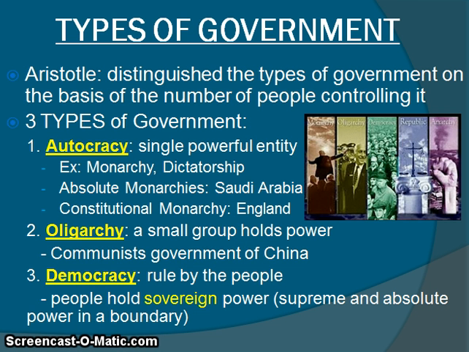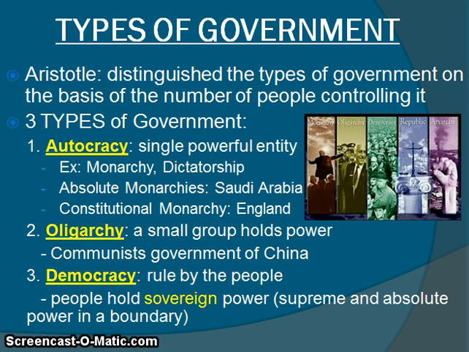These single political entities have supreme power or sovereignty over everyone else. A monarchy usually consists of some sort of royal, like a king or a queen, or in the case of Saudi Arabia, you have sultans. But these monarchies get their power usually from some sort of divine right or from some sort of a god.